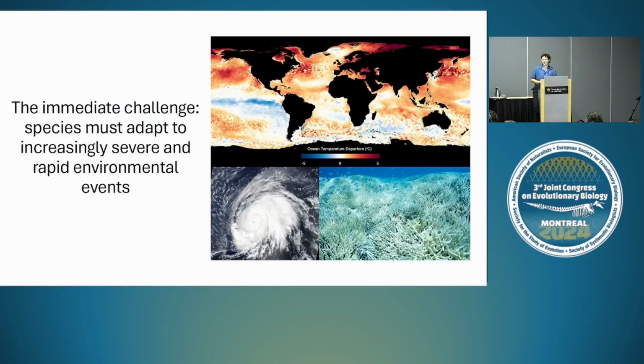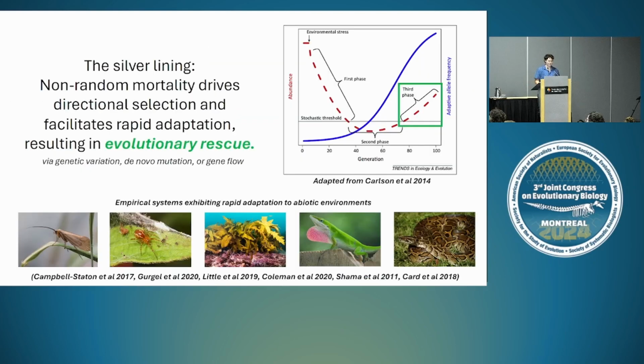So we're all here in part today because species are under this immediate challenge to adapt to increasingly severe and rapid environmental events that are increasing in both frequency and duration. But there's a silver lining, and it's that the non-random mortality from these selection events can facilitate rapid adaptation to these new environments and potentially result in evolutionary rescue, which is where the adaptive alleles in the population arise after a period of environmental stress and allow the population to persist under future iterations of that environmental stressor.